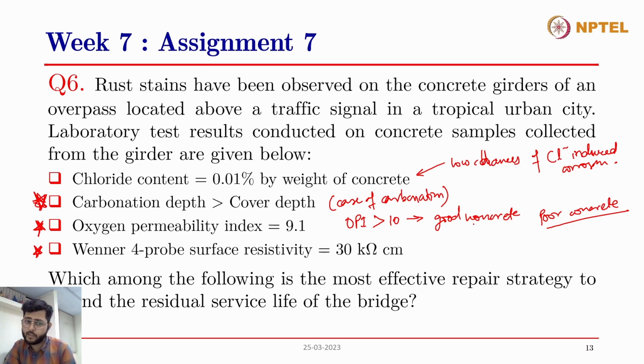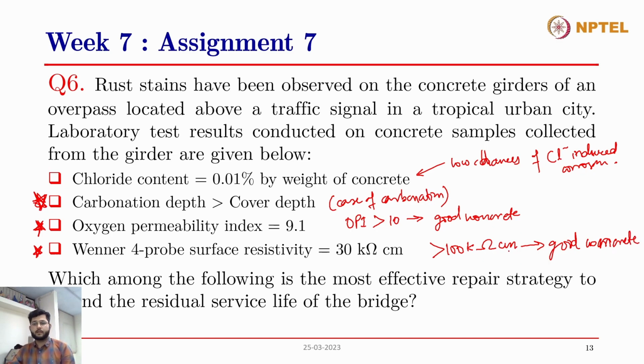The fourth test that we did was the surface resistivity test, and we saw that the surface resistivity is very low, 30 kilo ohm centimeter only, and we know that for the Wenner 4-probe surface resistivity test, resistivity greater than 100 kilo ohm centimeter is a sign of a good concrete. I'll just remove this to avoid confusion. Yes, so this is required for a good concrete, right?